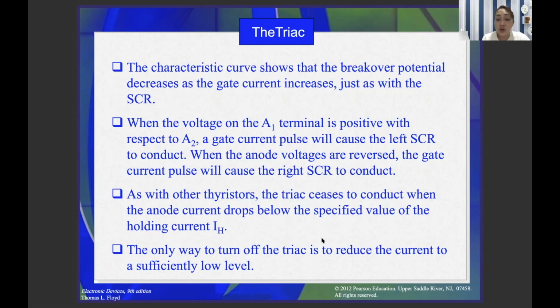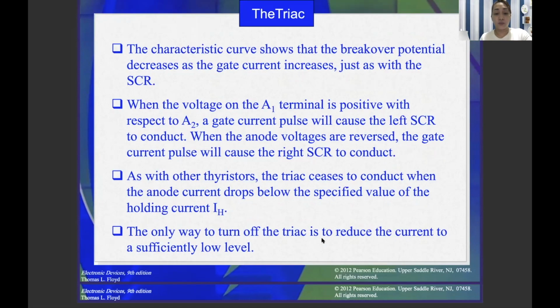As with other thyristors, the Triac ceases to conduct when the anode current drops below the holding current. The only way to turn off a Triac is to reduce current to a sufficiently low level. So, comparing Triac to the other thyristors, we cannot do anode current triggering. We just need to reduce the level of the current.